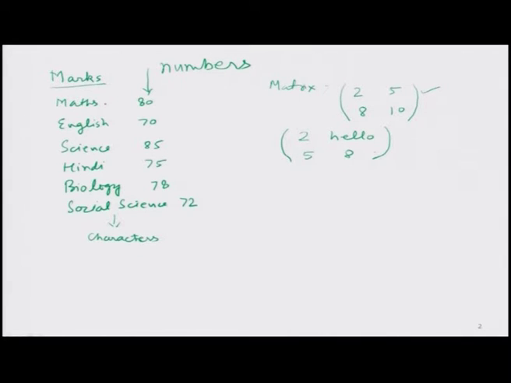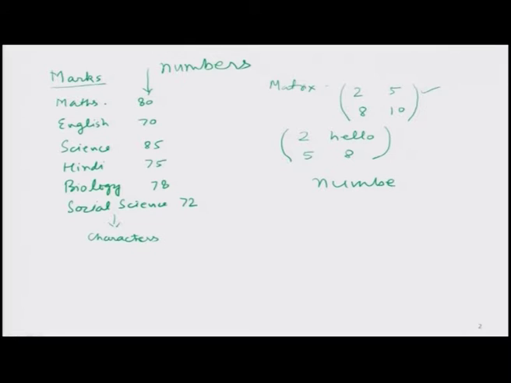So, in a matrix, all the entries are only numbers, and when I am dealing with a list, it can have the entries as numbers, as characters, or a combination of them.